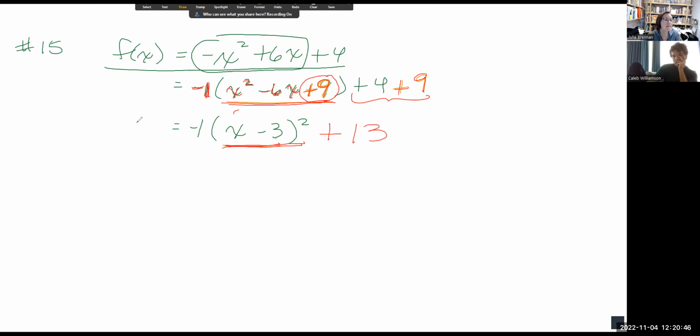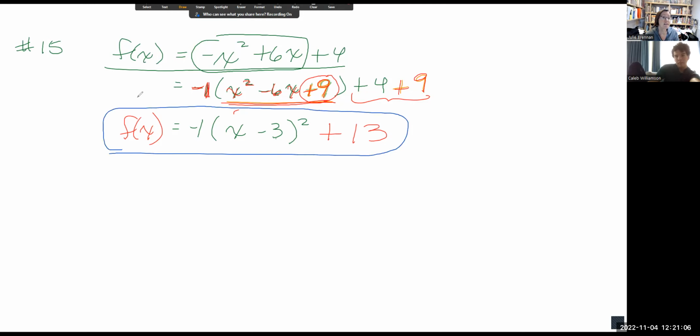But now this is the function in the vertex form, now called the standard form in calculus, right? Okay. So important that they call it the standard form. So what does this tell me? And actually, you know how you can check it?